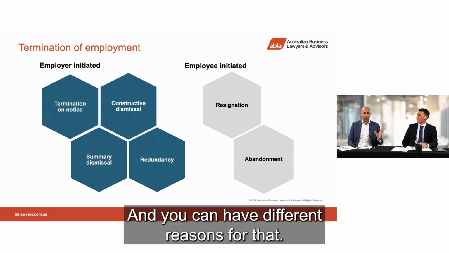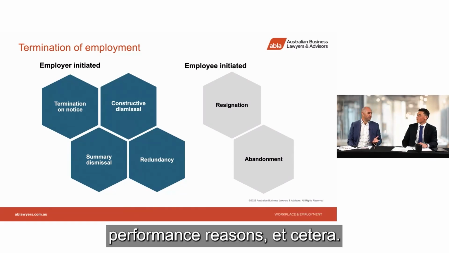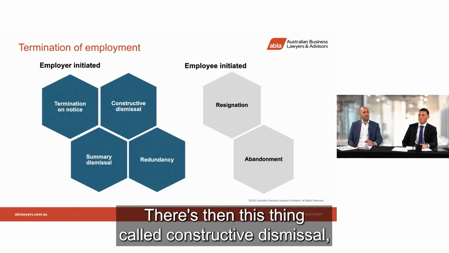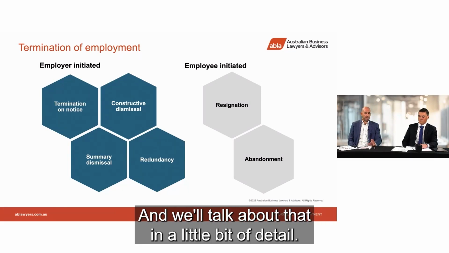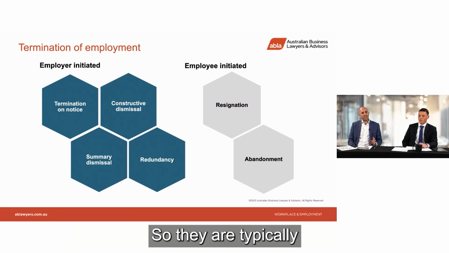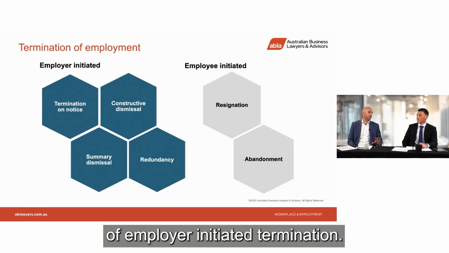And you can have different reasons for that, such as conduct reasons, performance reasons, etc. But broadly, we can have termination with notice or without. There's then this thing called constructive dismissal, which could also be called forced resignation, and we'll talk about that in a little bit of detail. And then, of course, we have redundancy. So they are typically the main overarching categories of employer-initiated termination.